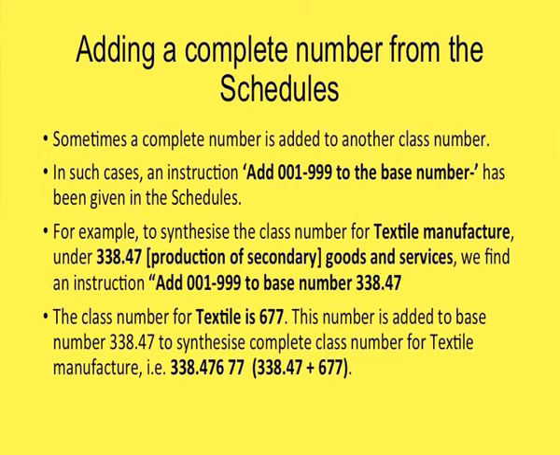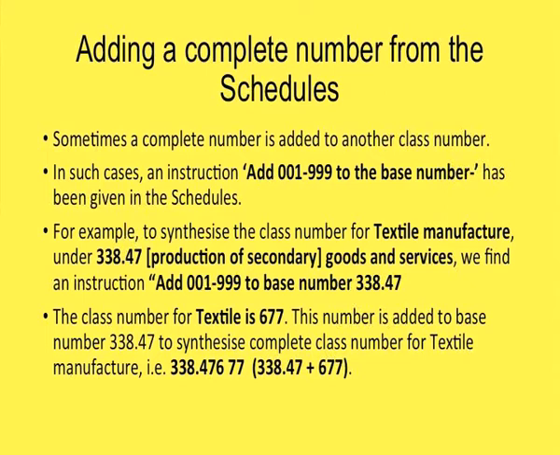For example, to synthesize the class number for the subject textile manufacture, there is a document on the subject textile manufacture, and we have to classify it. So, first of all we find 338.47, production of secondary goods and services.